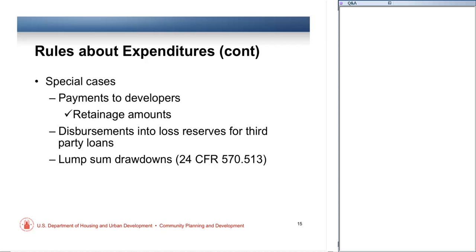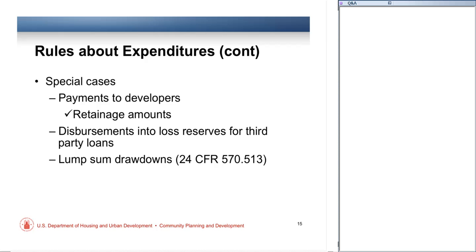And the agreement between the two parties might provide for a retainage. So maybe the base amount is $500,000 total, but there's a retainage of 5% of that pending the sale of the property to a third party. So the question is, do you get to count the retainage amount? And generally speaking, the answer is no.